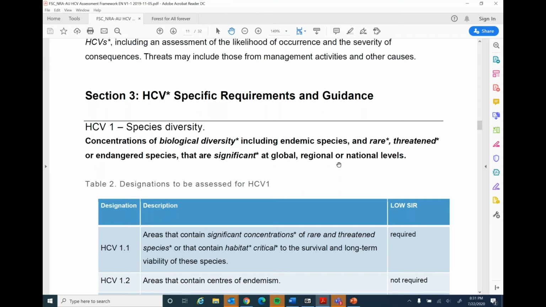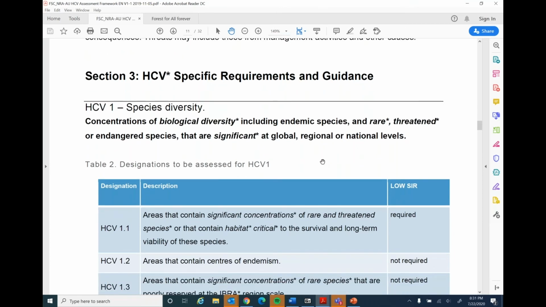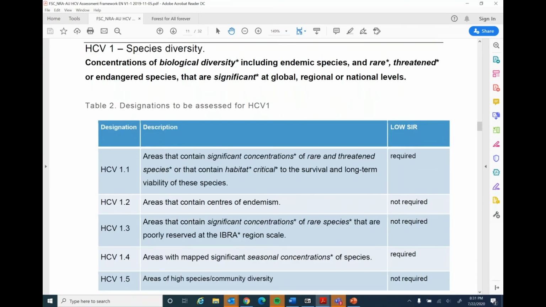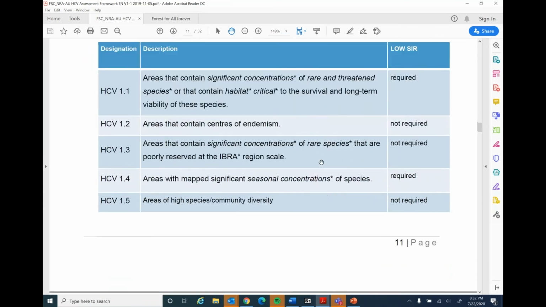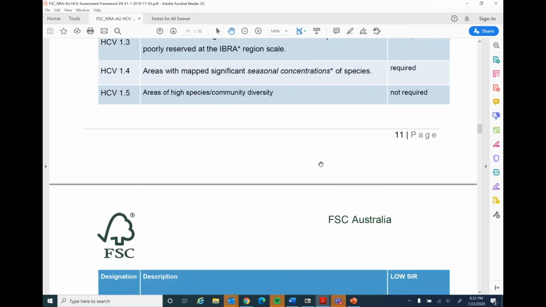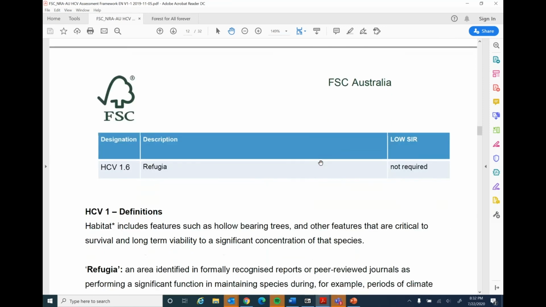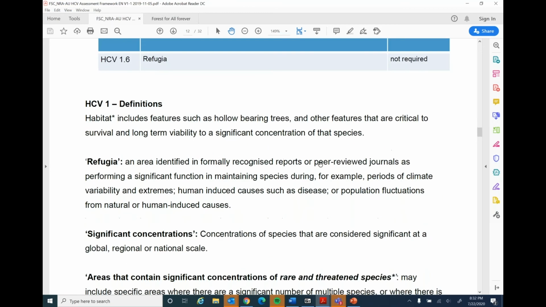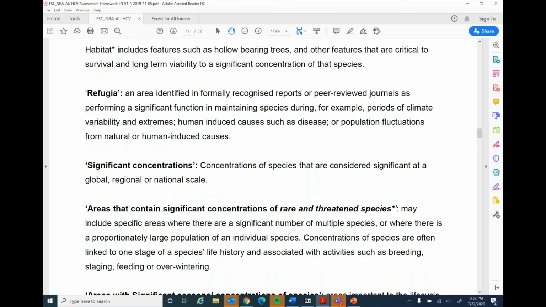So you'll see here that the high conservation value is described, and then we have 2 tables, and in a moment I'll just ask Suzette to explain the purpose of these 2 tables, but I'll just show you the whole section first. And then we have another lot of definitions pertaining to this specific high conservation value.